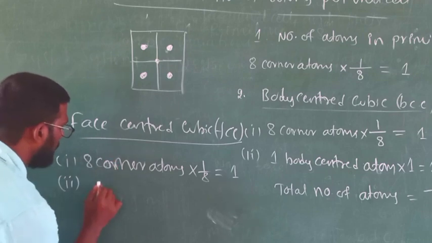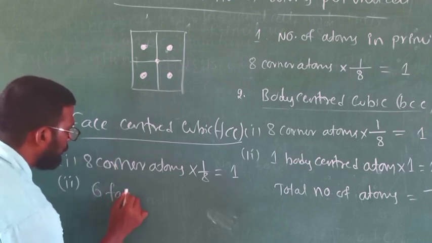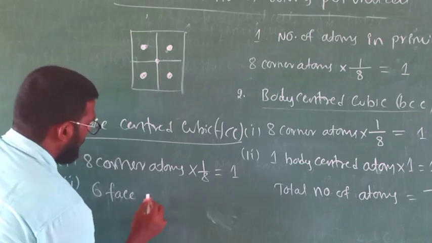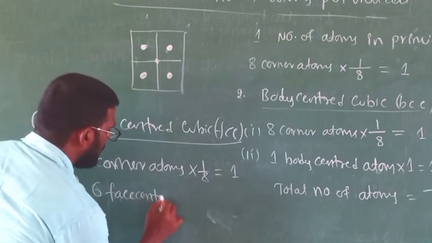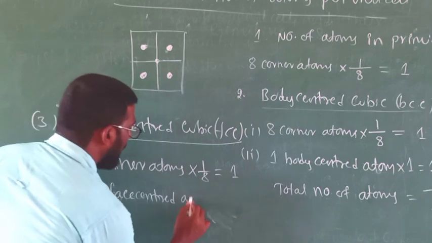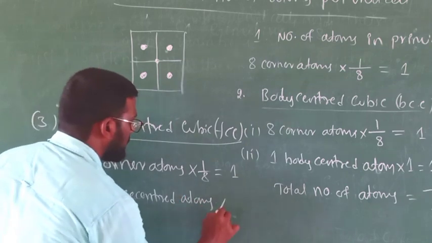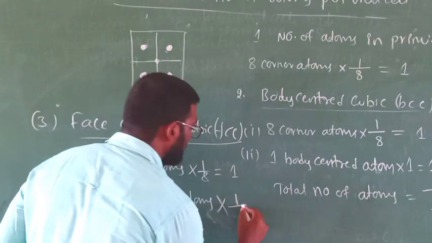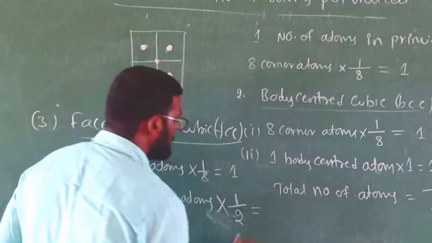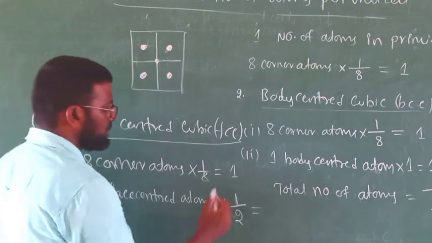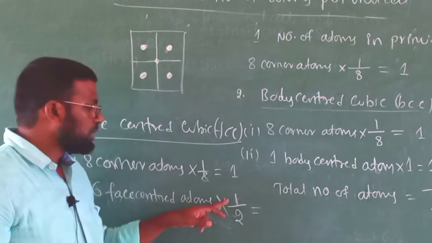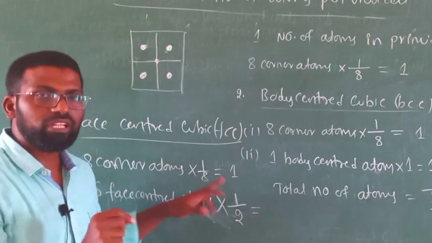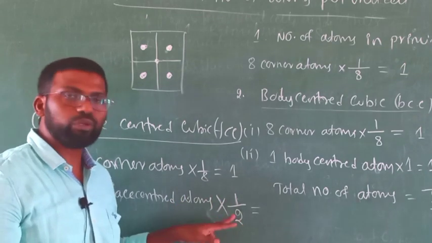So a total of 6 face centered particles are there. Face centered atoms into what is the contribution of a face centered atom? 1 by 2. Here 1 by 2 means each particle on the face will be in contact with the 2 unit cells.